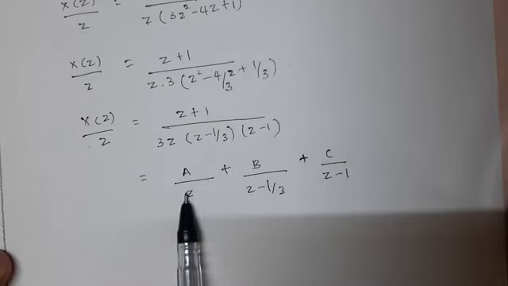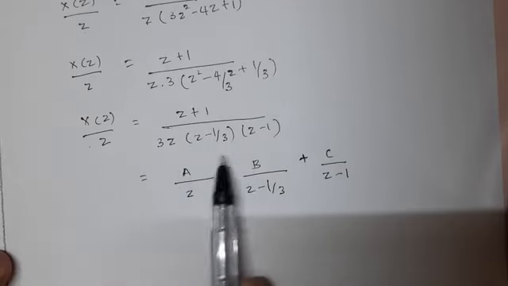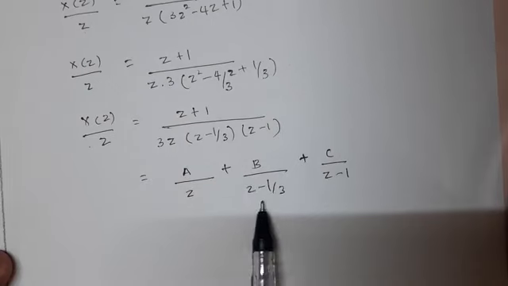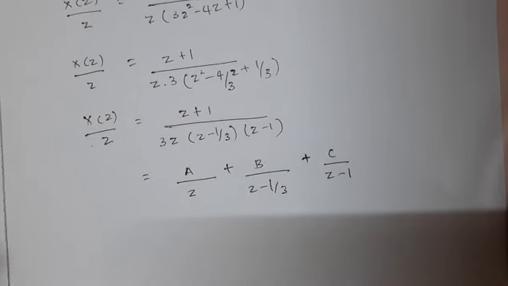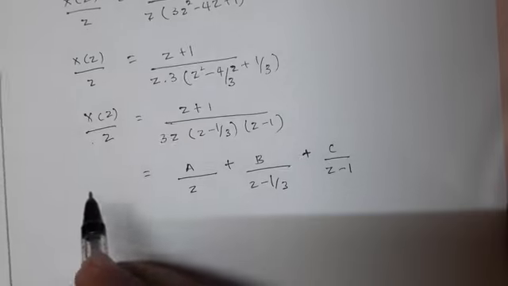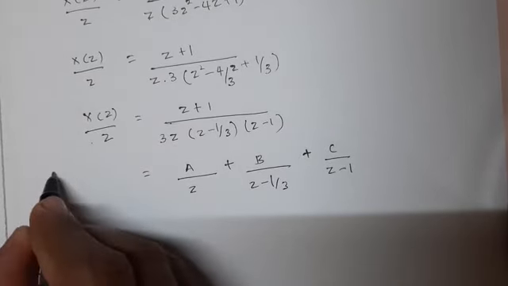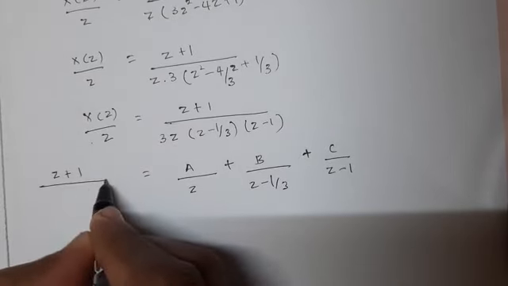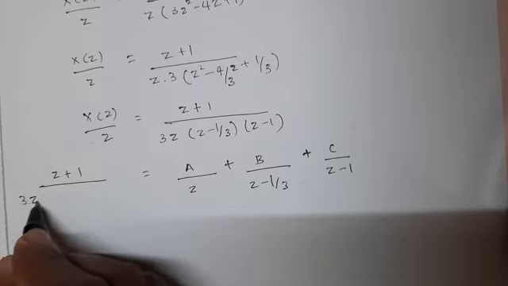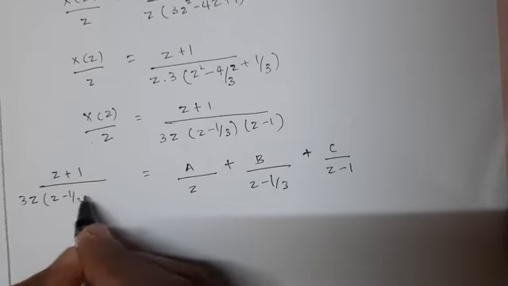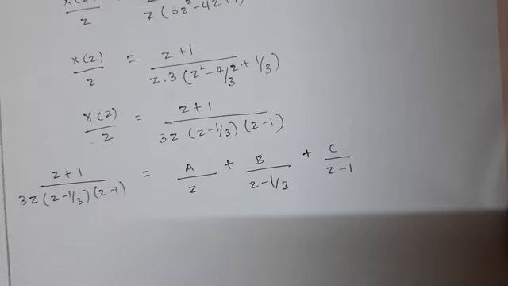So a by z plus b by z minus 1 by 3 plus c by z minus 1, which you have equated to z plus 1 divided by 3z, z minus 1 by 3, z minus 1.